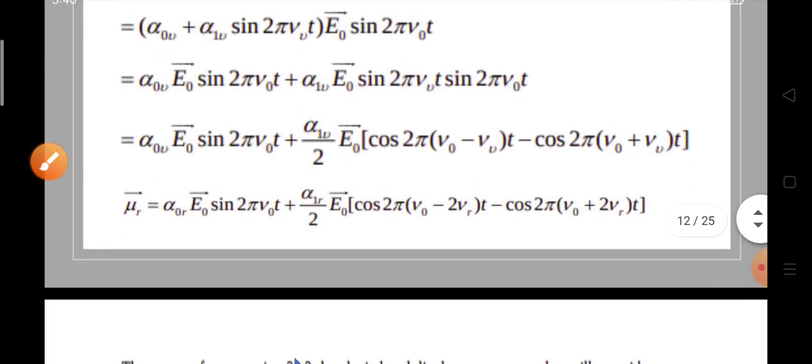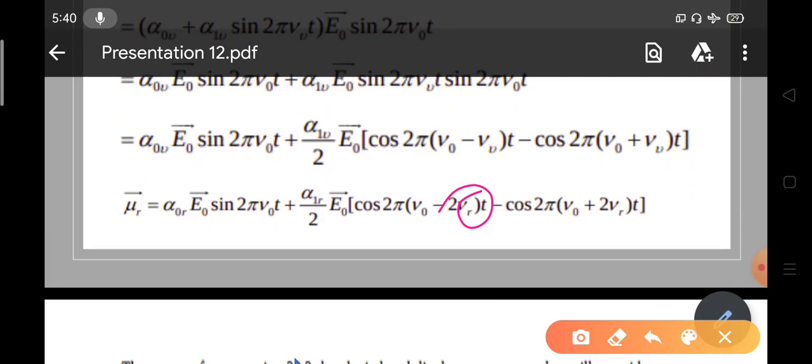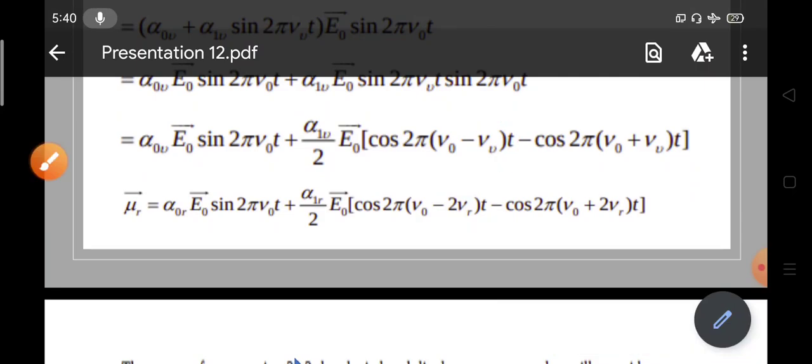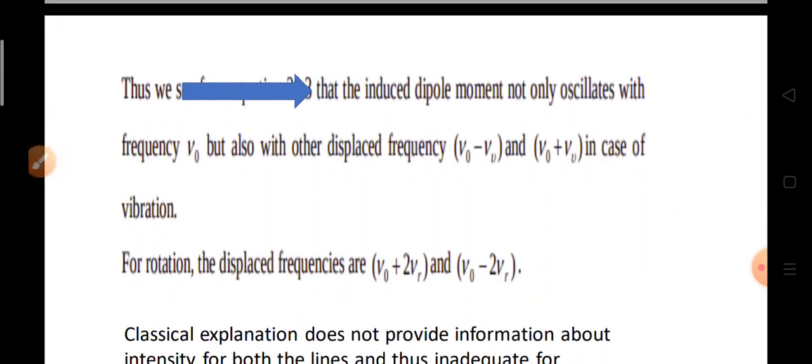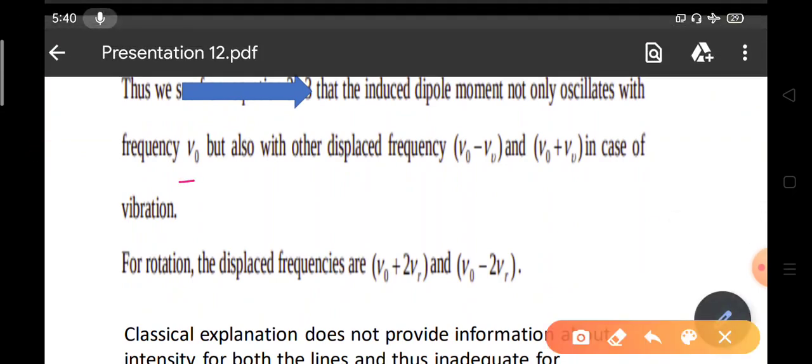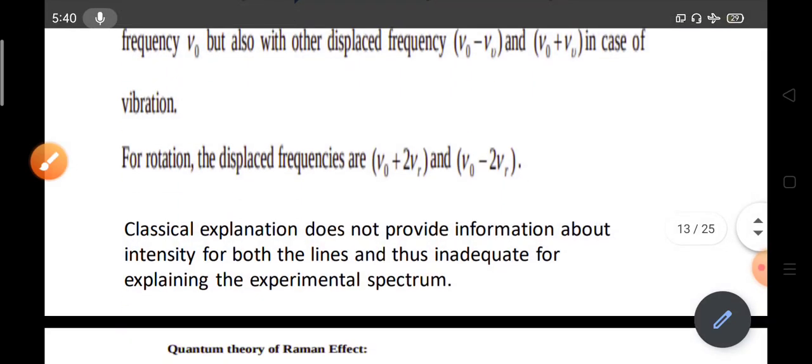So this nu r is the frequency of the rotation, and this nu v is the frequency of the vibration. So the induced dipole moment not only oscillates with the frequency nu naught, but also other displaced frequencies like nu naught minus nu v and nu naught plus nu v in case of vibration. And for rotation, the displaced frequencies are nu naught plus 2 nu r and nu naught minus 2 nu r.